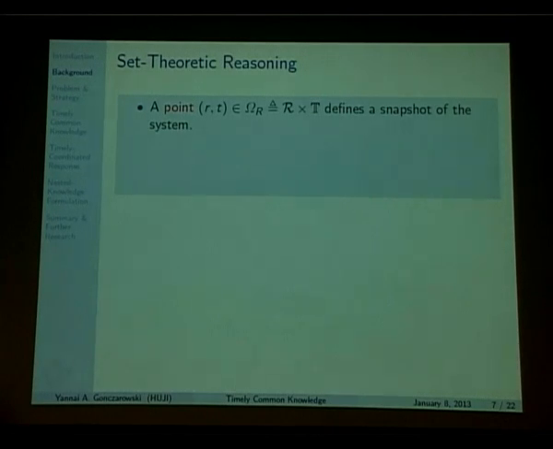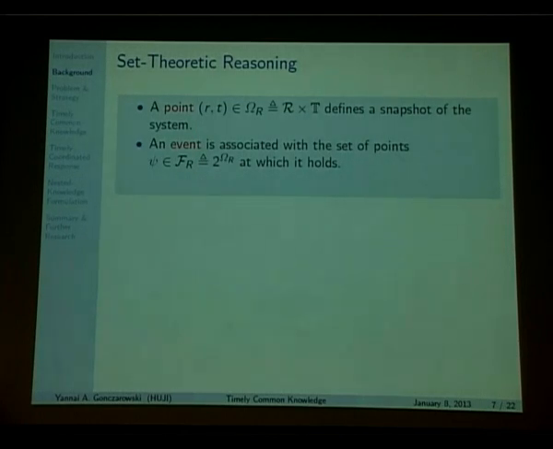Our basic point will be a pair (r, t), run and time. This is a snapshot of the system at a specific time along a specific run. And we will think of an event as simply a set of points, the set of all pairs (r, t) in which the event holds.